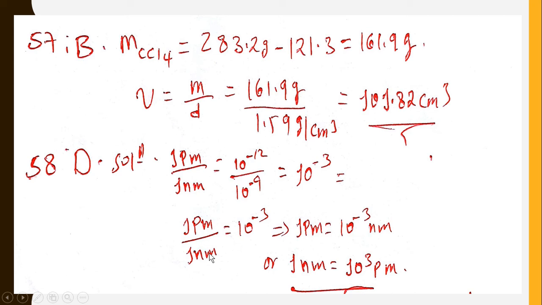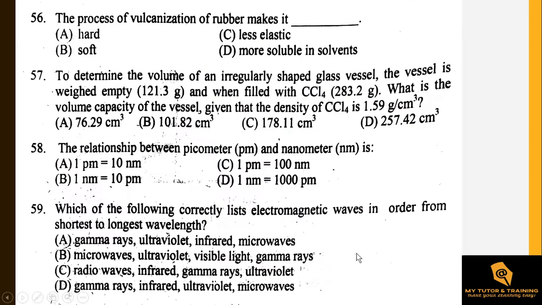So 1 pico is equal to 10 to the power of minus 3 nanometer. This means 1 nanometer is equal to 1000 picometer. So the correct answer is D.